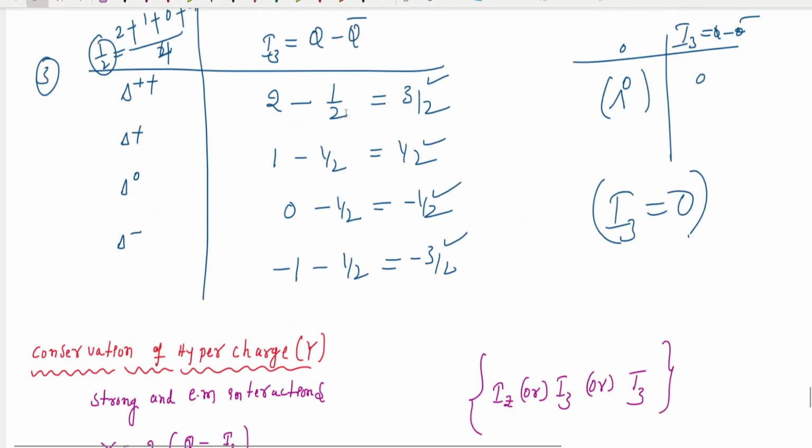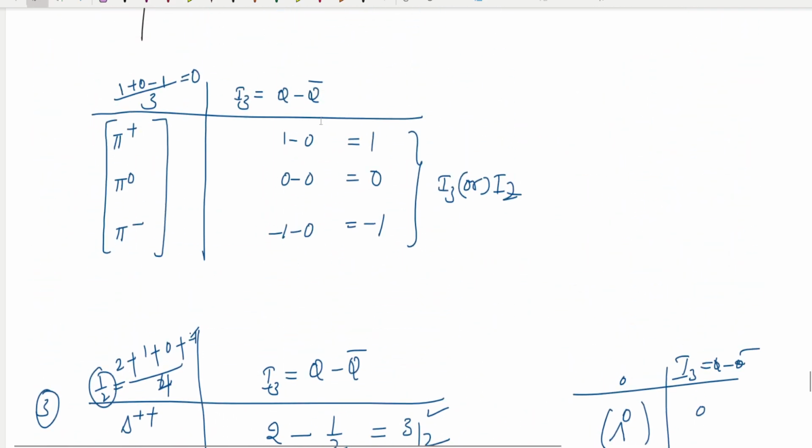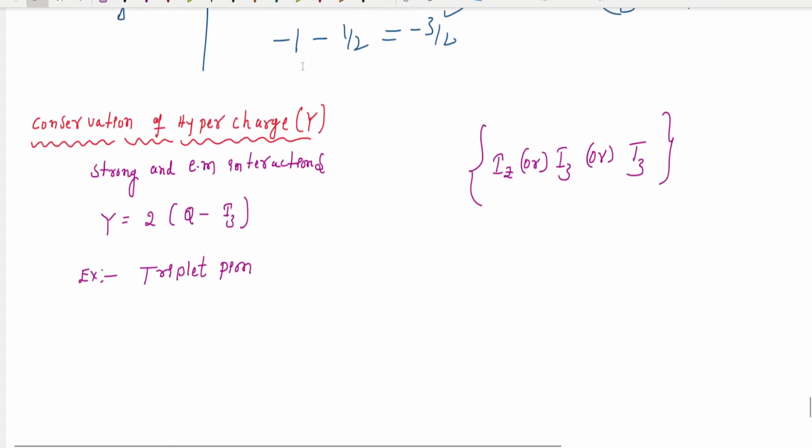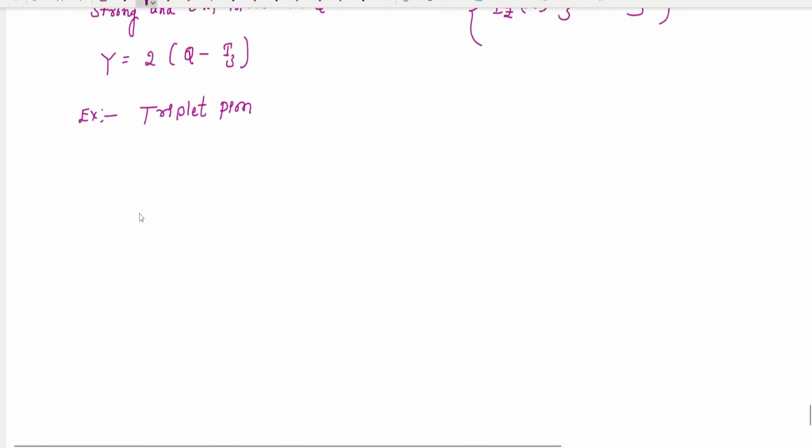The I3 components of the triplet are 1, 0, minus 1. So easily we can get the hypercharge of a triplet component.